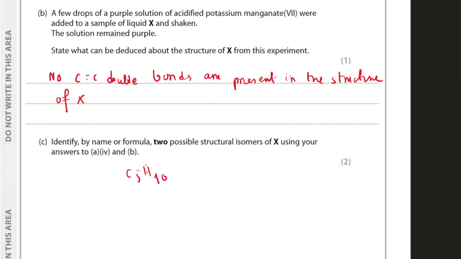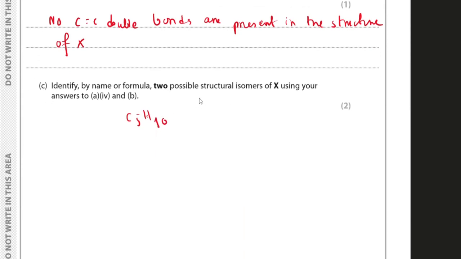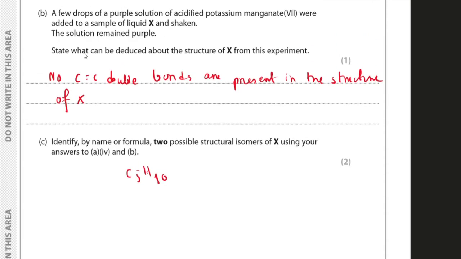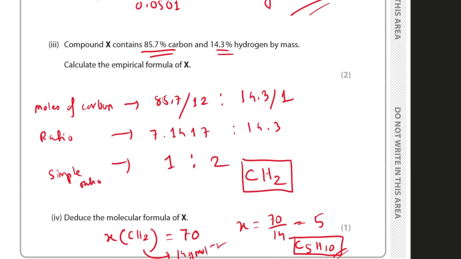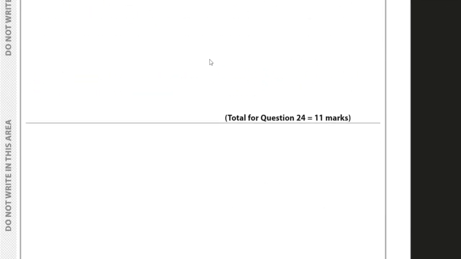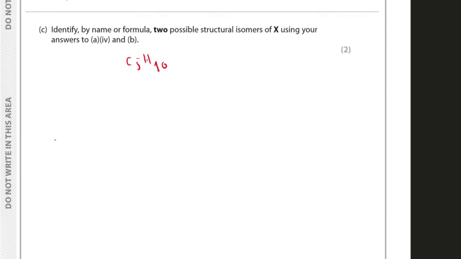right? So it's not an alkene, considering B, so we can just easily give any two structural isomers. We can write this down here, C5H10. So one would be obviously a cycloalkane.